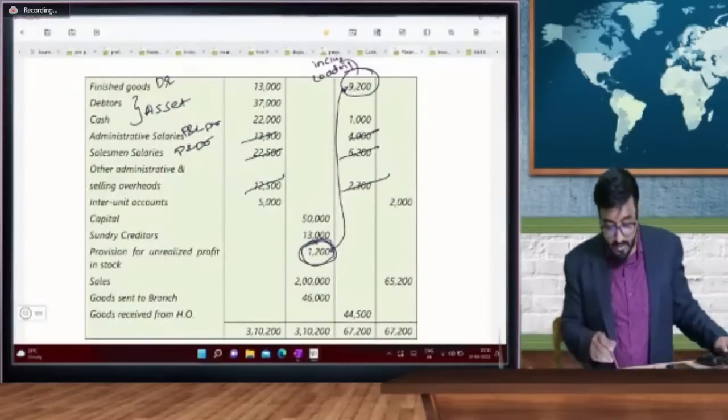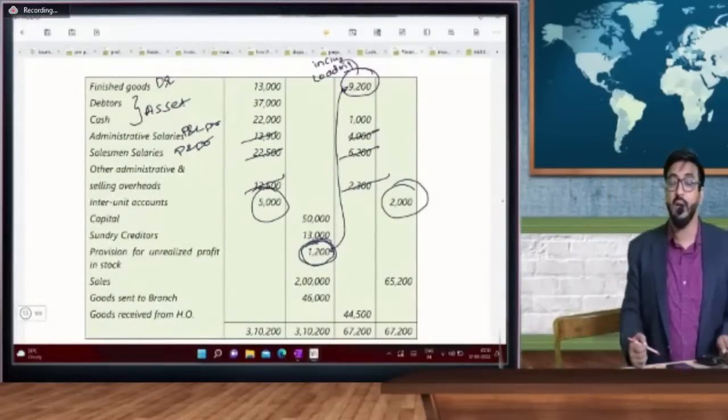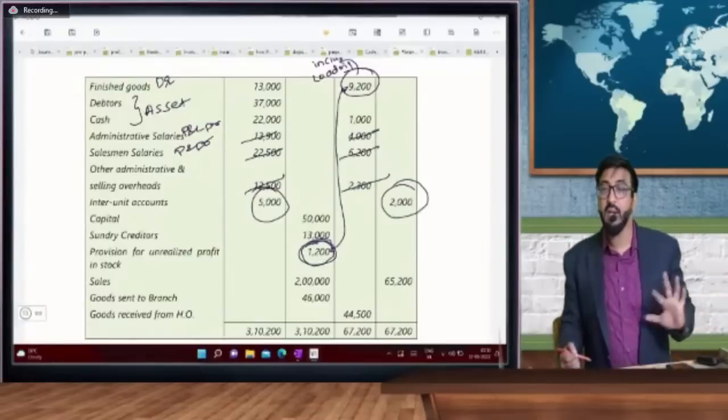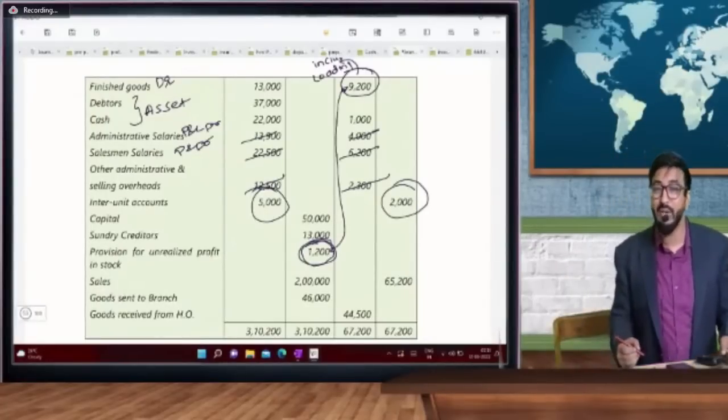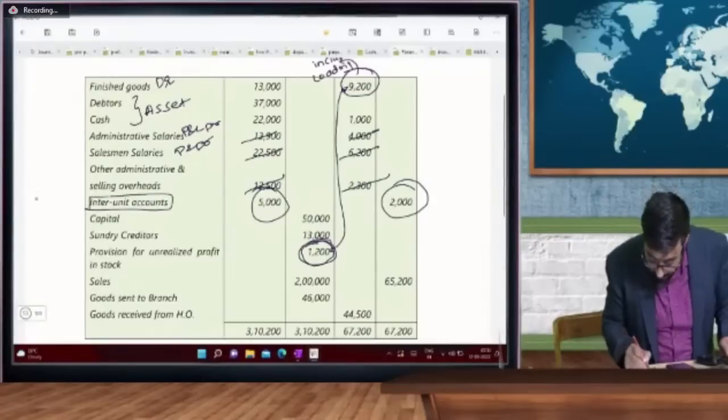Now, what is inter-unit account? It's very simple. Inter-unit means in HO books, branch account, and in branch books, HO account. It's called as inter-unit account.